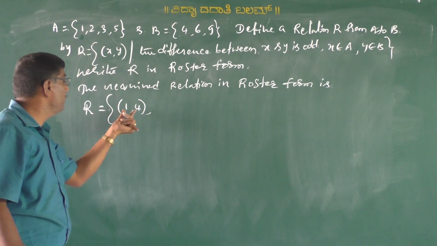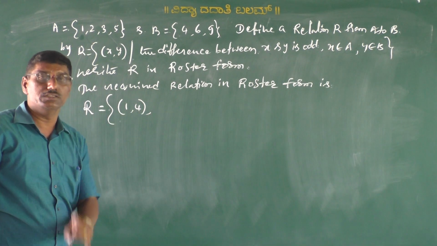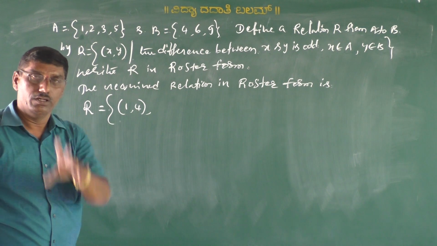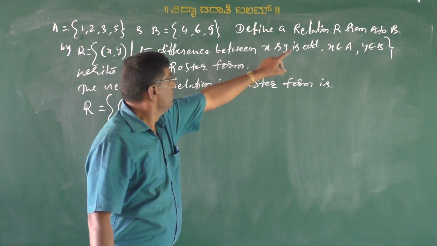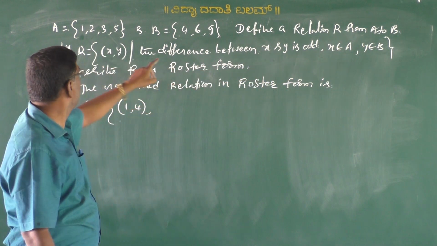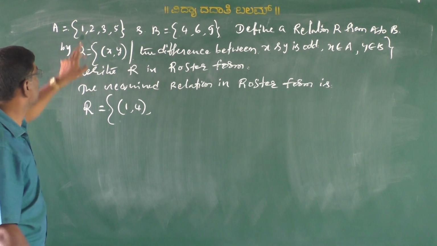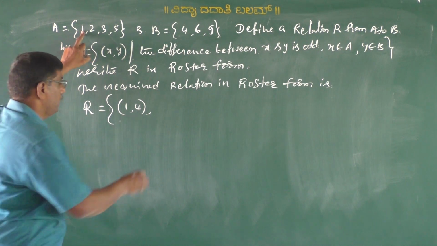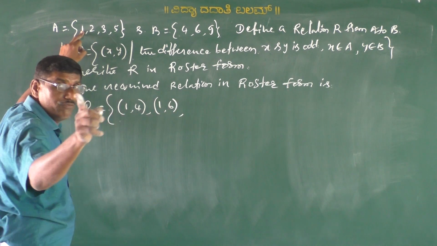Since the difference between these two numbers is 3, and 3 is odd, since x belongs to A and y belongs to B, the difference between x and y is odd. Next, 1 comma 6. Yes, since the difference is 5, odd.